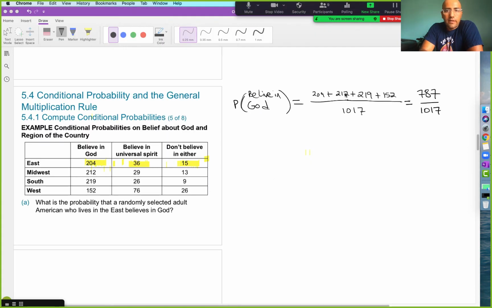Okay, so let's end that program. It's one less program to worry about. Okay, so 787. Now if I divide that by 1017, I get 0.7738.